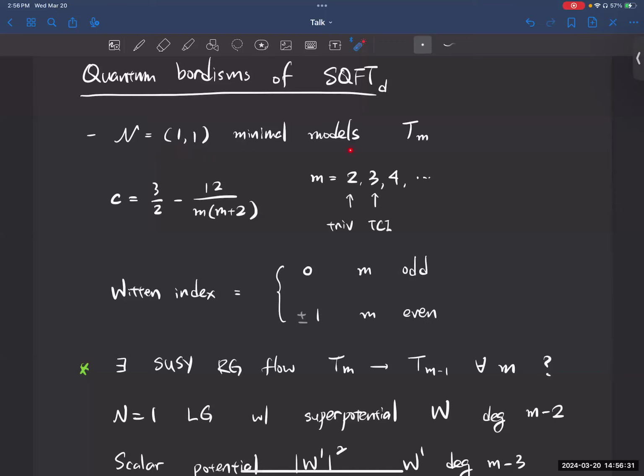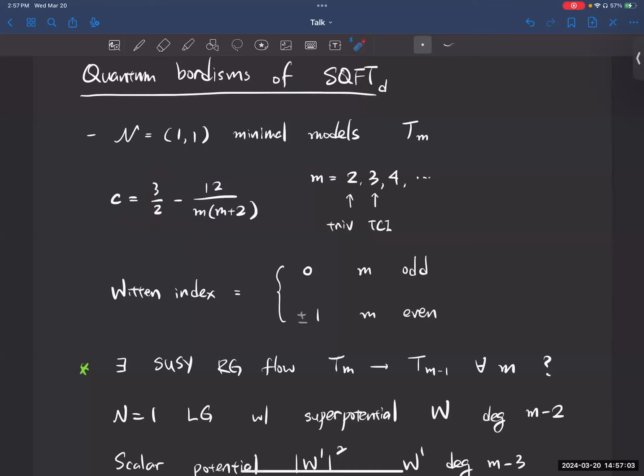These models are labeled by some integer little m, which in this convention can take values 2, 3, 4, etc. This is the formula for the central charge, and if you plug in m=2, it's 0, so it's just the trivial theory. Putting in 3, you get 7/10. That's the tricritical Ising model, and you get a family, so on and so forth, with the central charge bounded by 3/2.